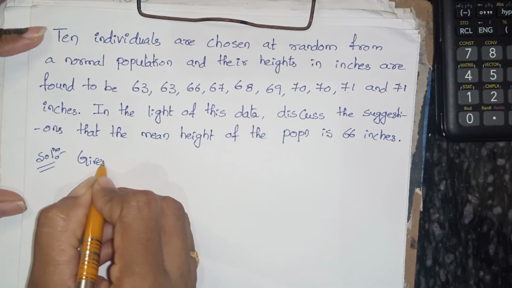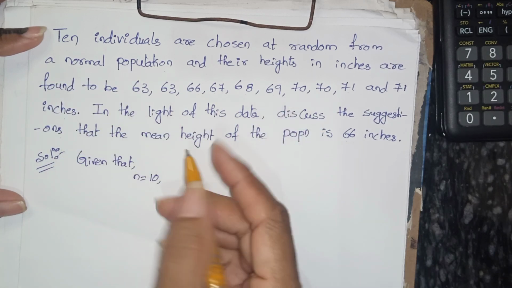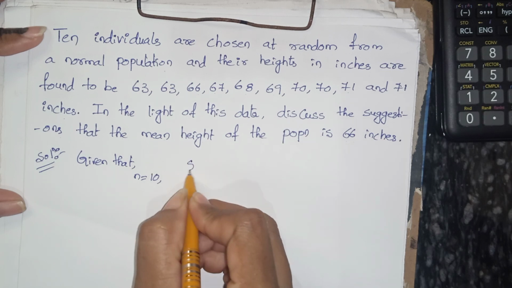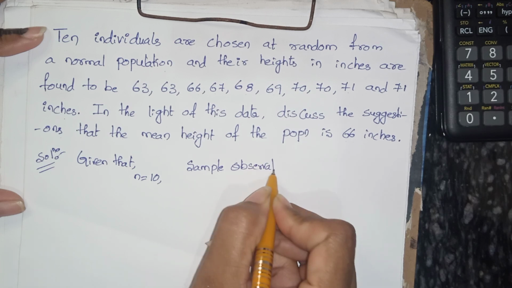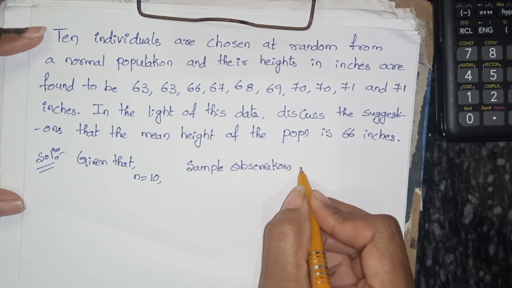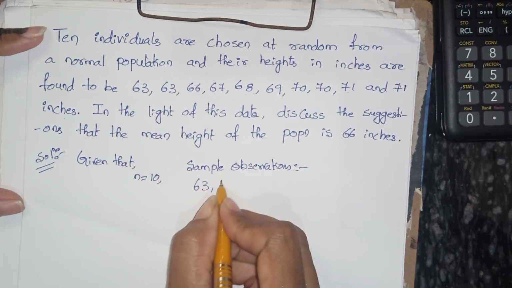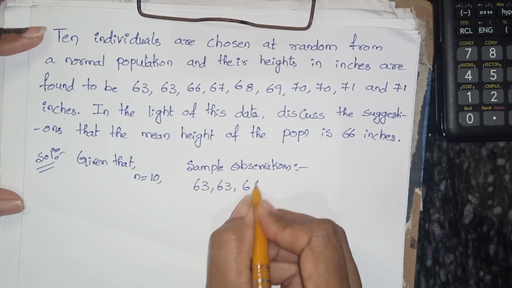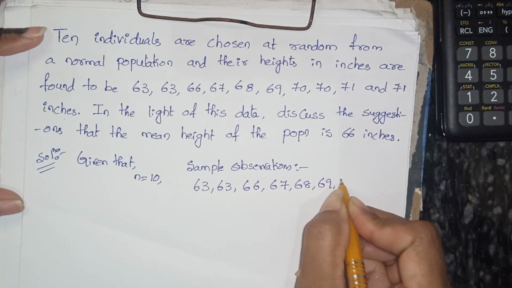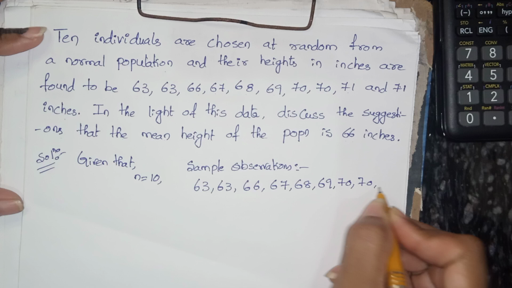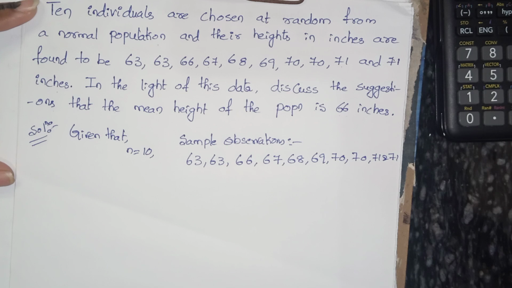So given data: n equals 10 and the sample observations are 63, 63, 66, 67, 68, 69, 70, 70, 71 and 71. Okay, so 10 observations they have given.